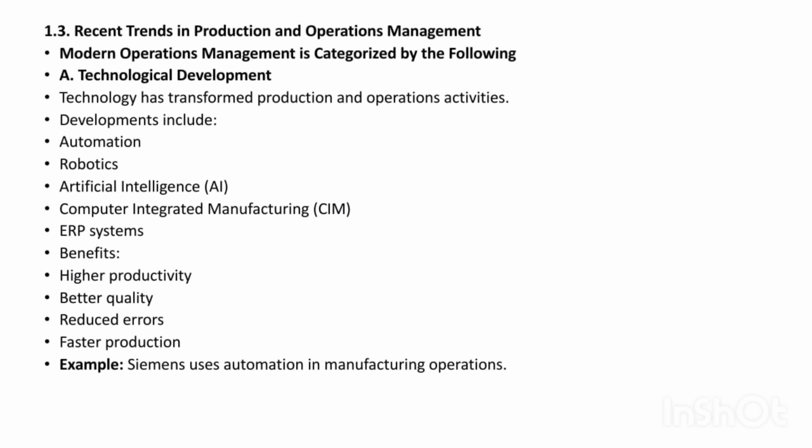So the different benefits include higher productivity, better quality and reduced errors, as well as faster production. So in operations management, one worker monitors 10 machines. So thereby the cost drops and the quality improves.